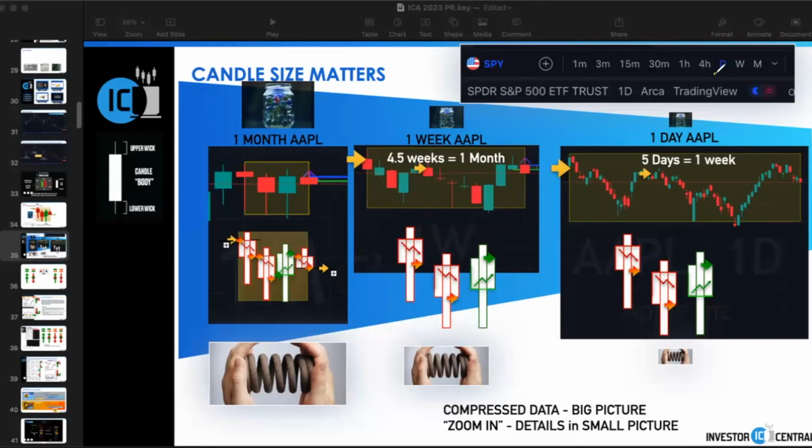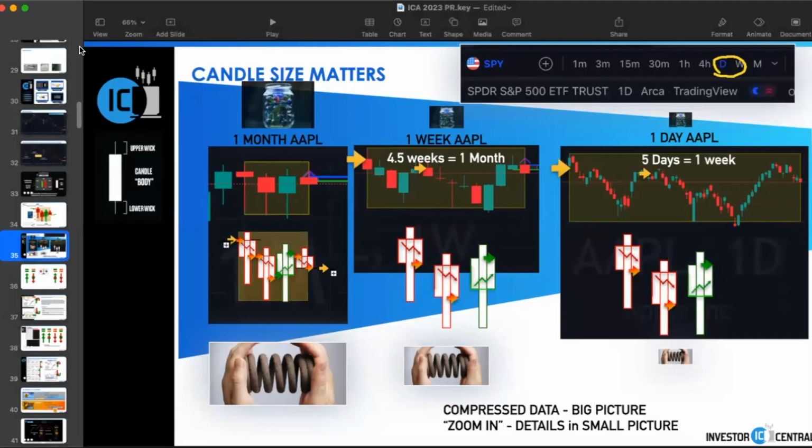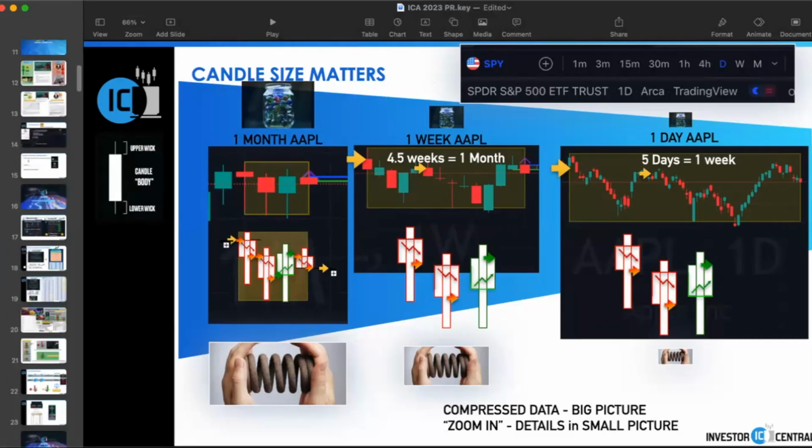But for now, the two to focus on are weekly and daily. Those are where we're going to focus our attention. With that being said, let's go straight into our charts.